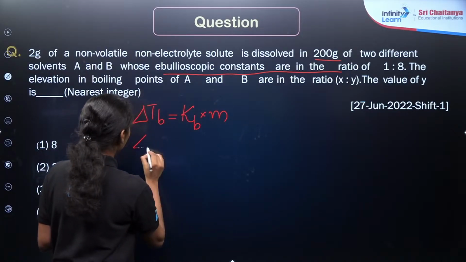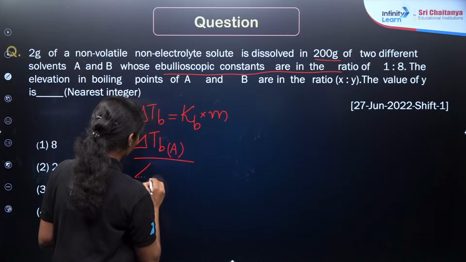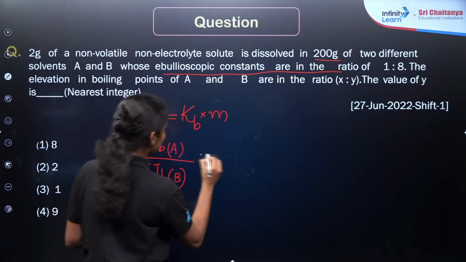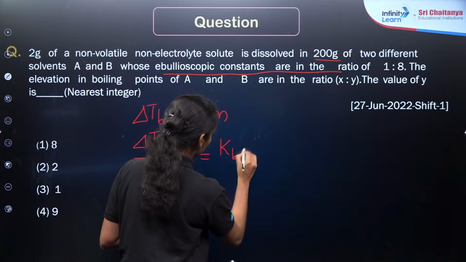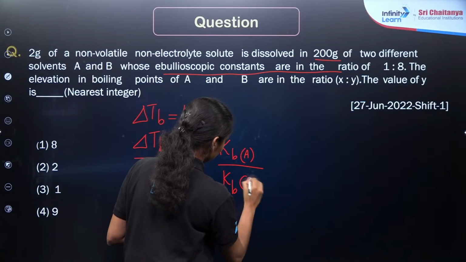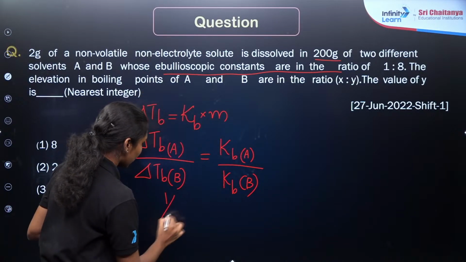So we can take the ratio: delta Tb of A divided by delta Tb of B is equal to Kb of A divided by Kb of B. This ratio is given as 1:8, which means 1/8.